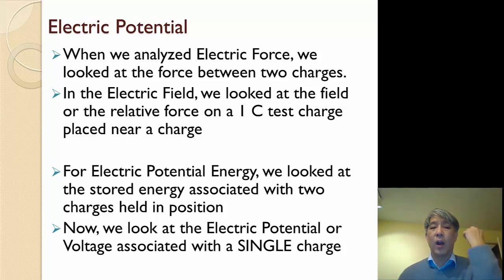However, I can do the same thing that I did for electric field, and look at the electric potential, or the potential energy that would be associated if I put a positive test charge somewhere out there. So electric potential, or another term we'll use for it, voltage, is associated with a single charge. Every point in space will have a different potential associated with it.